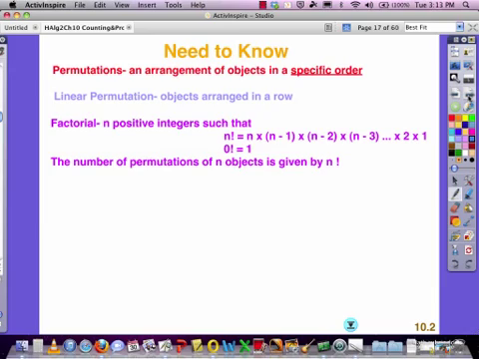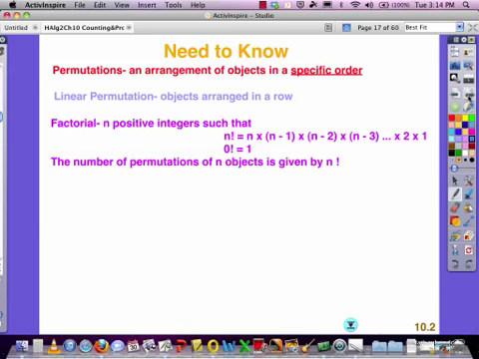Factorials we've seen before, remember, are n positive integers such that n factorial would represent that number times the next consecutive decreasing integer times the next consecutive decreasing after that, all the way down to times 3 times 2 times 1. Okay? And 0 factorial is defined to be the value of 1.